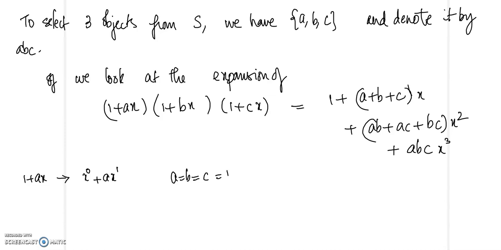So the number of 1 combinations will become 3. When we put 1 everywhere here, we get 3. Again, the number of 2 combinations will be 3, and the number of 3 combinations will be equal to 1.